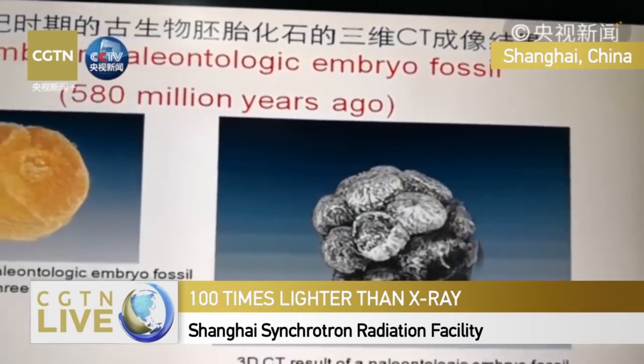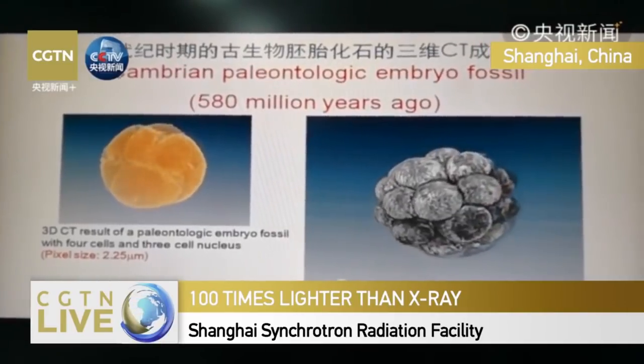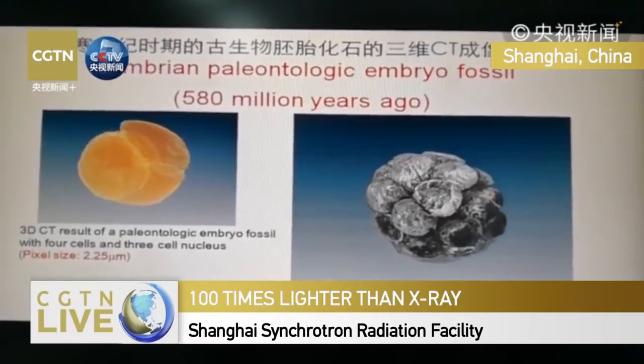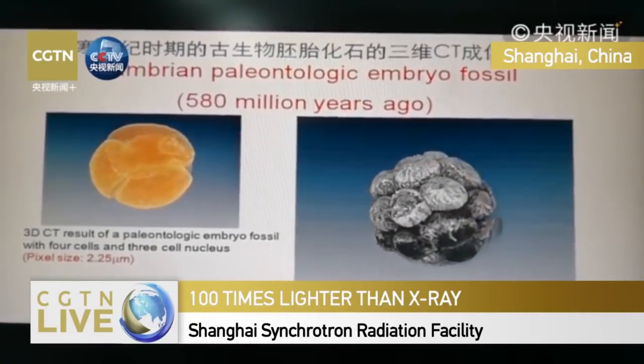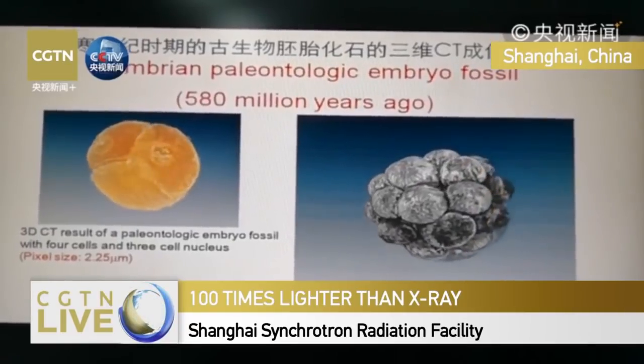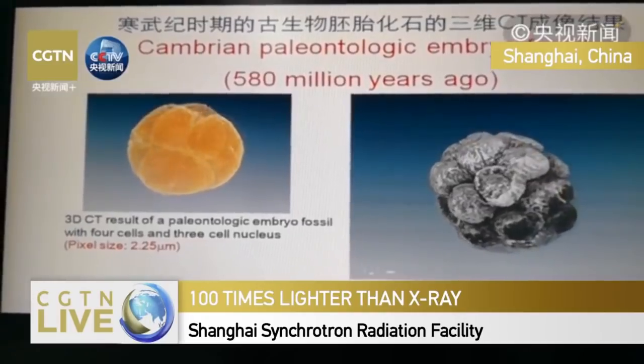And we have the ancient embryo fossil. So it is very difficult to find another fossil, so we cannot damage this fossil. So we use X-ray to observe the internal structure. So we can have this three-dimensional observation.